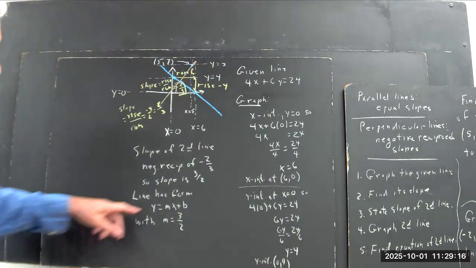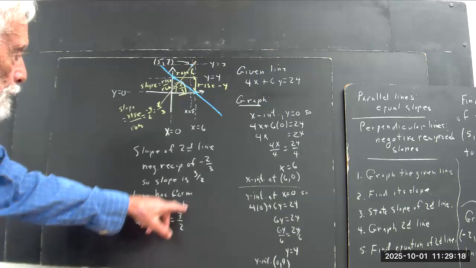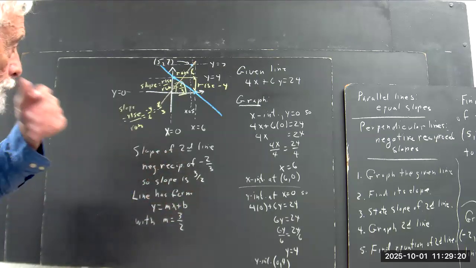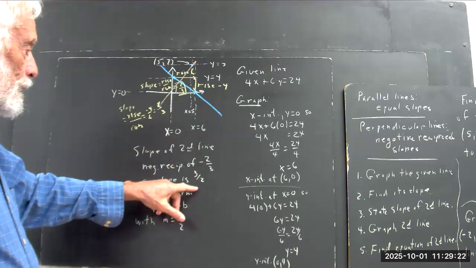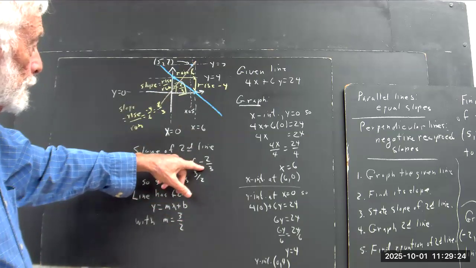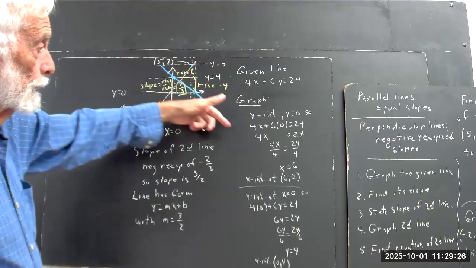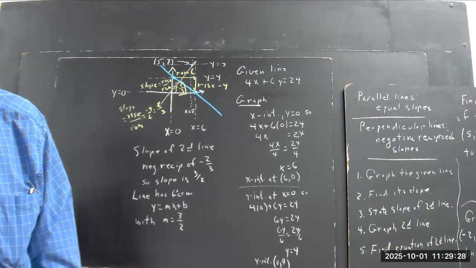It has the form y equals mx plus b with m equals 3/2. So since 3/2 is a negative reciprocal of the slope of the original line. Okay.